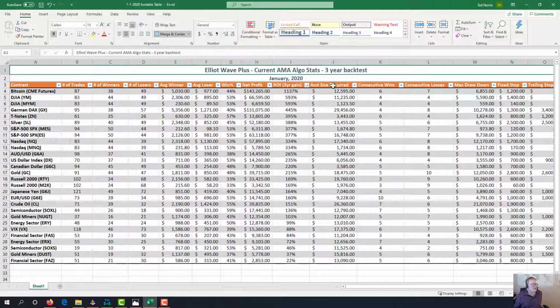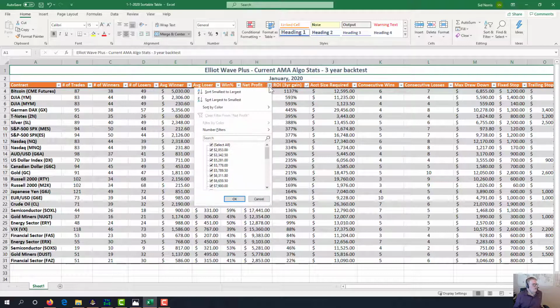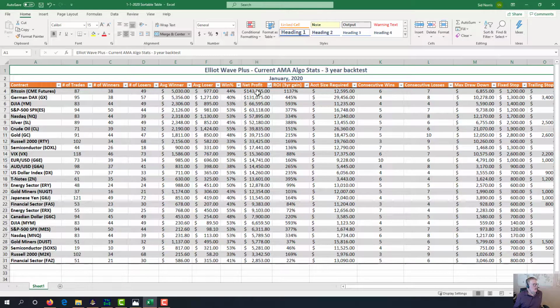And even though Bitcoin was by far the biggest winner on net profit, and the German DAX was second, the thing about those two items is they generally require large accounts, and they have large overnight margin requirements.